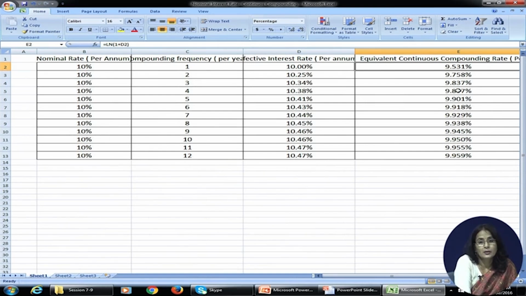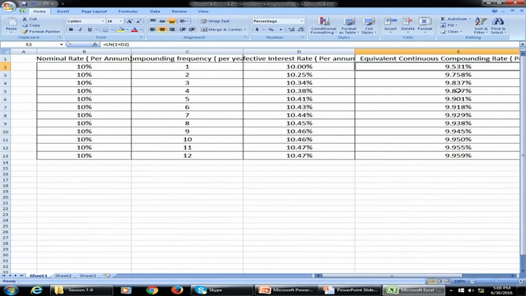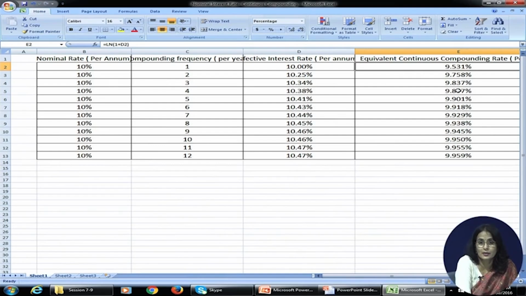So if a bank says it will give 10% annual compounding, that is equivalent to the bank saying it will give you 9.531% as continuous compounding. Similarly, you have a nominal interest rate of 10% with different compounding frequencies, and we have calculated the effective interest rate and the corresponding continuous compounding rate.